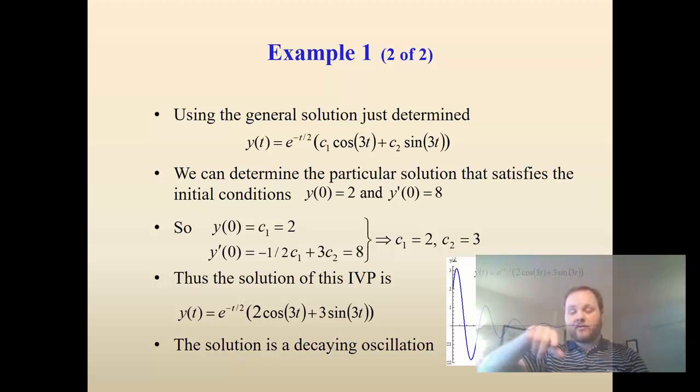But we have cosine and sine oscillating, right? But it's multiplied by a decaying exponential. This is an exponential that has a negative root, so it's shrinking. That exponential is describing kind of its amplitude. And because it's shrinking in size, the amplitude of the oscillations is decaying down to 0.